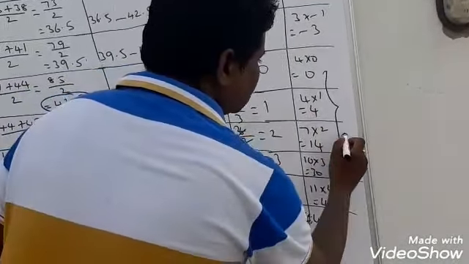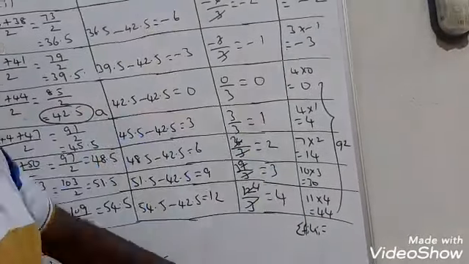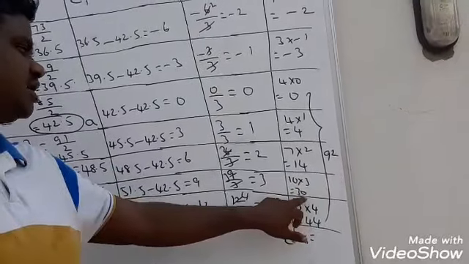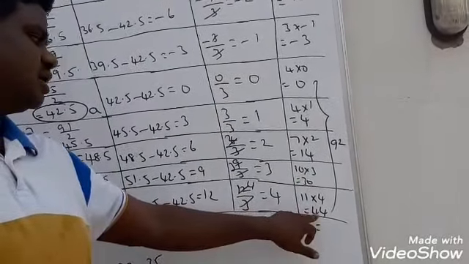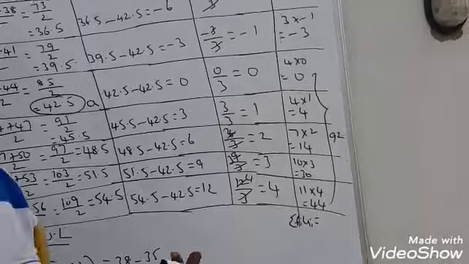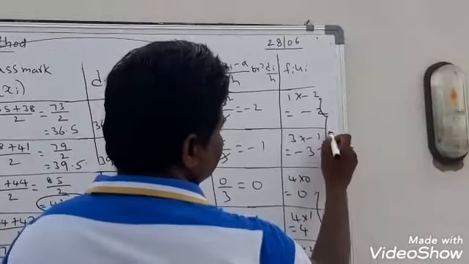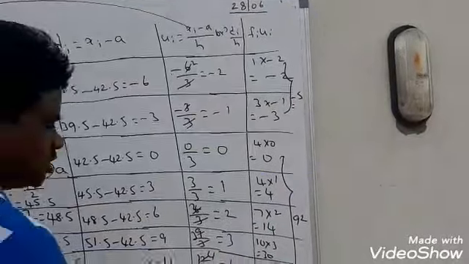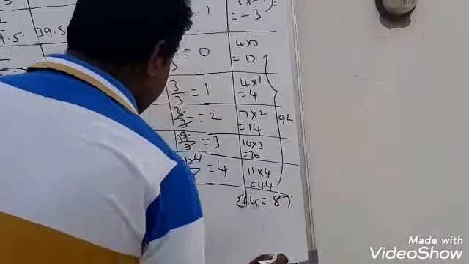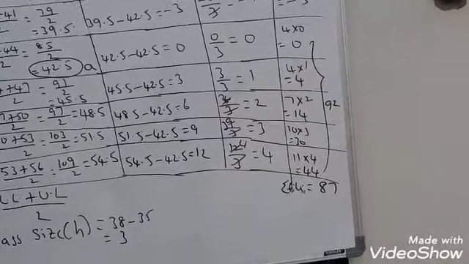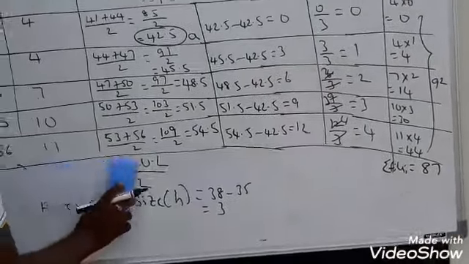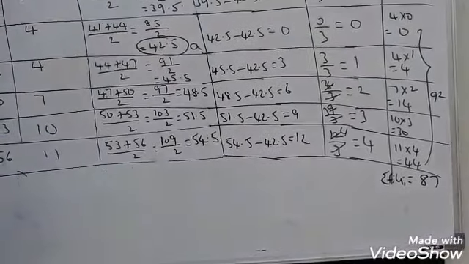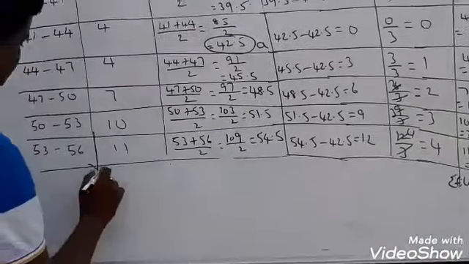The negative values, minus 2 minus 3, mean minus 5. So 92 minus 5 will become 87.